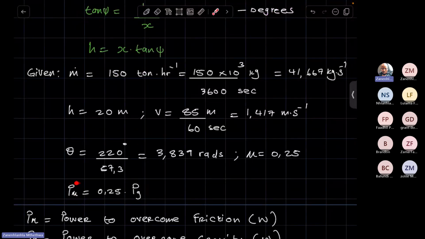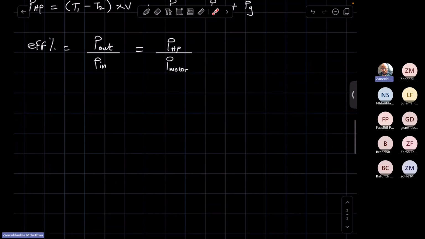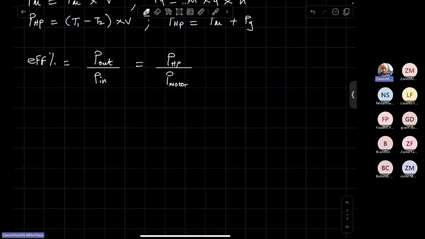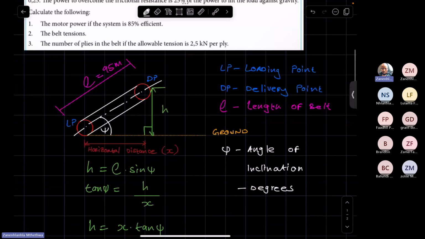And then the power to overcome friction, we'll simply use this relationship which they've given us. Remember, they said that the power to overcome friction is 25% of the power to overcome gravity. So once you have this, you'll be able to get this here. So let's first calculate the power to overcome gravity. This is number one.